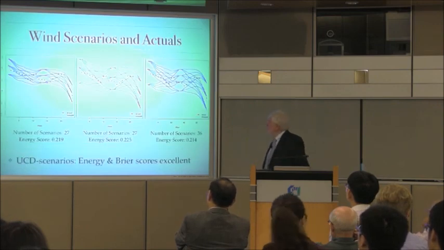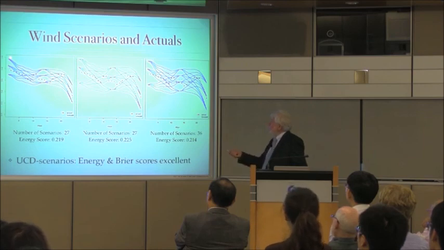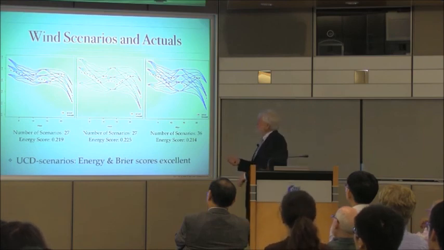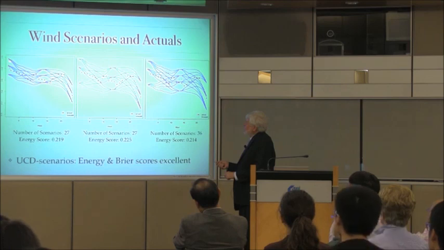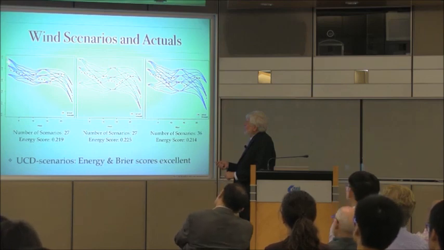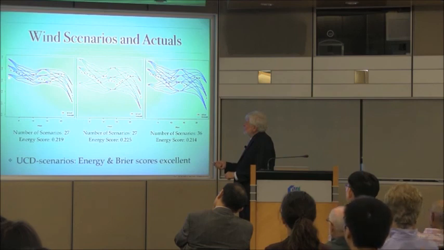The wind scenarios are somewhat different from the way the loads go, because since you are making them about 12 hours before you start, you don't know how it will be at midnight.